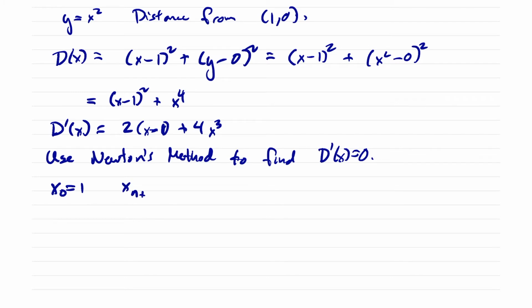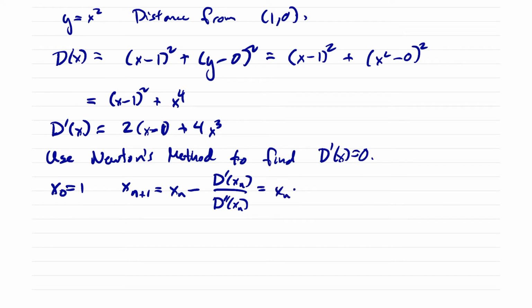x n plus 1 is going to be x n minus d prime of x n divided by d double prime of x n, right? Using d prime as our substitute for f last time. So that's not too bad. I can go ahead and plug that in.